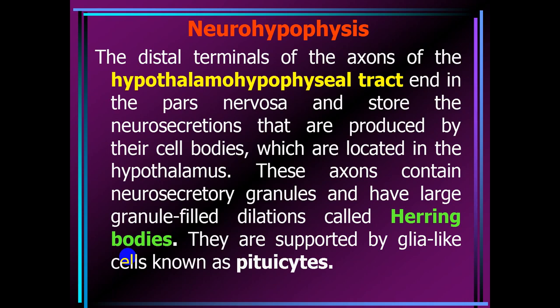Antidiuretic hormone has influence on the kidney, and oxytocin has influence on the smooth muscle cells in the organs where they are present. Smooth muscle cells form the wall of the uterus, myometrium.